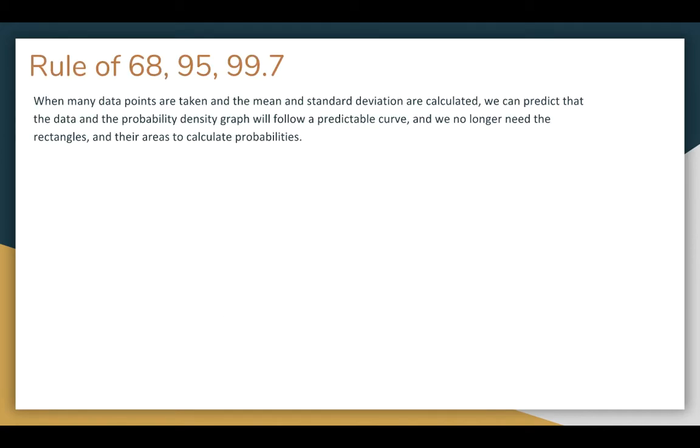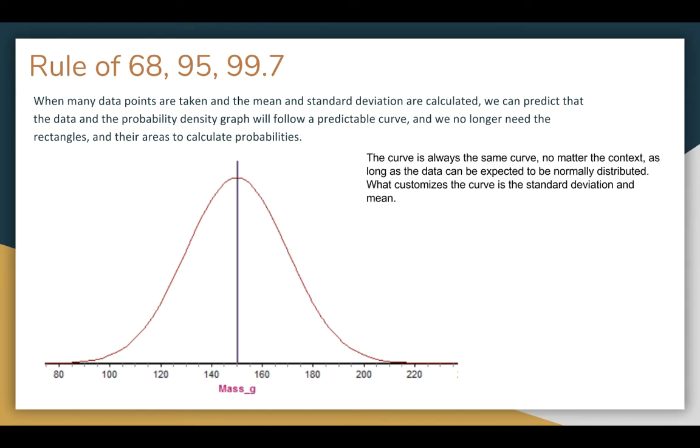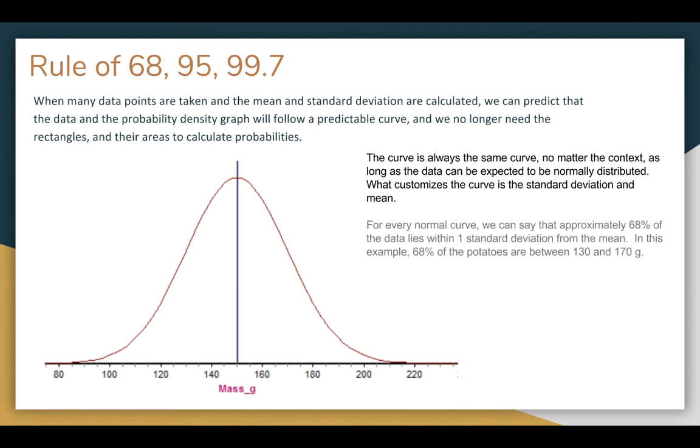The rule of 68, 95, 99.7 says that we can predict some probabilities. Here is the curve without the histogram part. No matter the context, if we have the mean and the standard deviation, there are things that we know. The mean and standard deviation customize the curve.